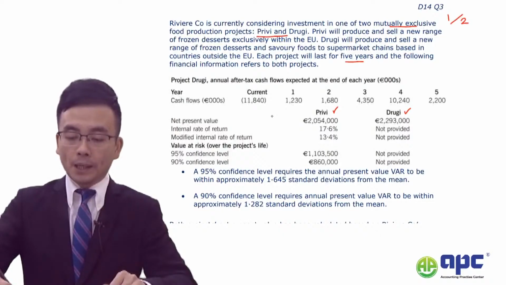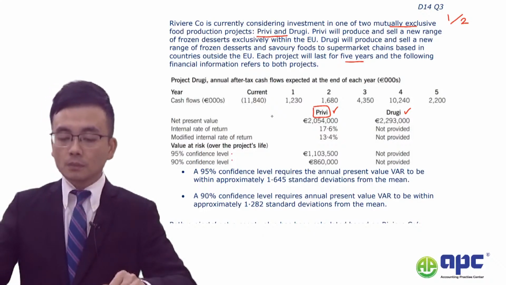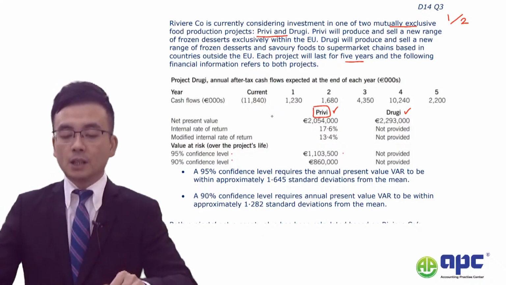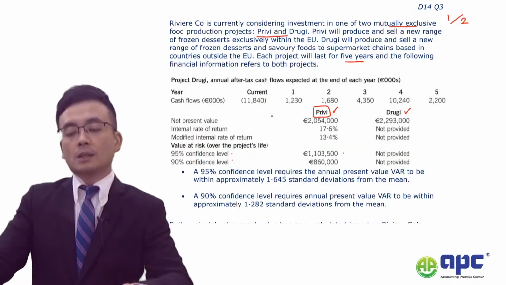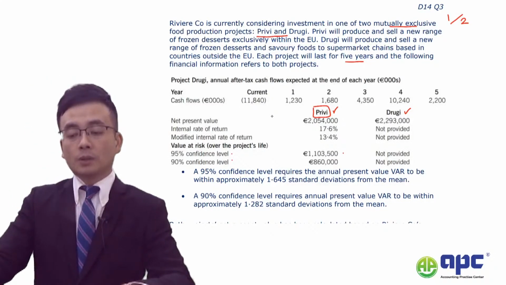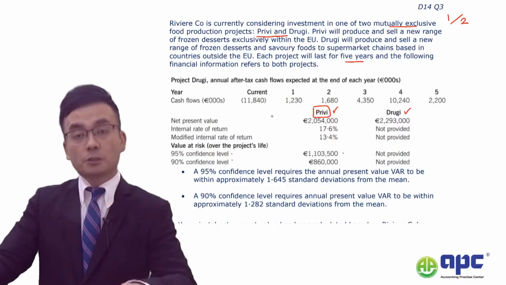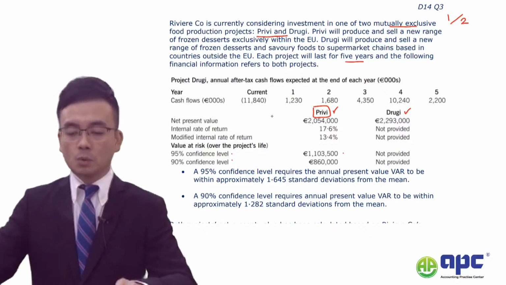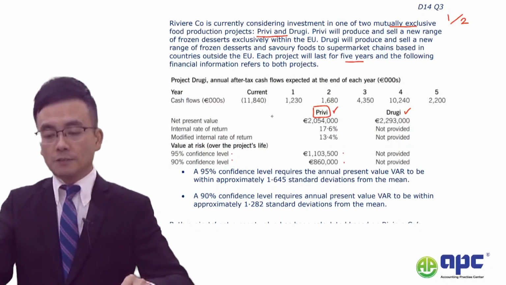For P, we've already calculated the value at risk at 95% and 90% confidence levels: over 5 years we will not lose by more than $1,103,500 with 95% confidence, and with 90% confidence we will not lose more than €60,000 over 5 years.